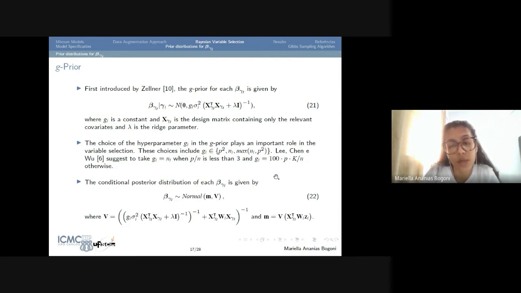But in this work, we are going to follow the article of Lee, which suggests taking Gi equal to Ni, the number of observations in the component I, when P over N is less than 3, where P is the number of covariates, and Gi equal to this value otherwise. Okay, so again, considering the likelihood after the data augmentation, our posterior distribution for the vector beta gamma I will be a normal distribution.